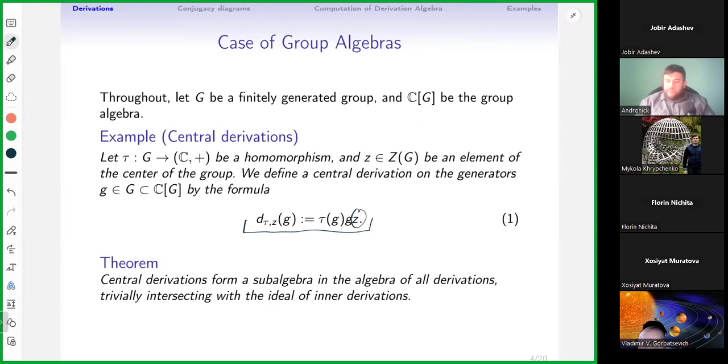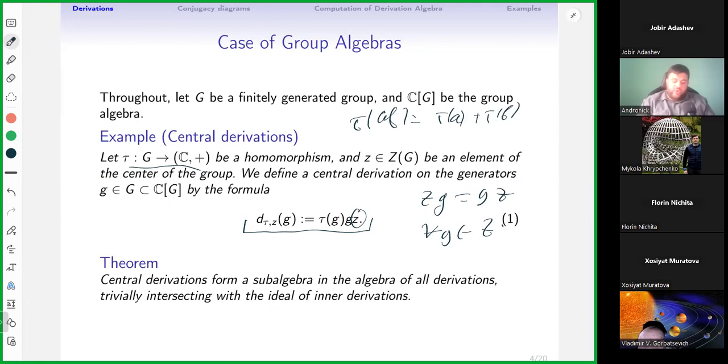Z is an element from a group that commutes with all elements of the group, and tau is a homomorphism, so tau of AB is the sum of tau of A and tau of B. It's a rather easy calculation that this operator is a derivation.